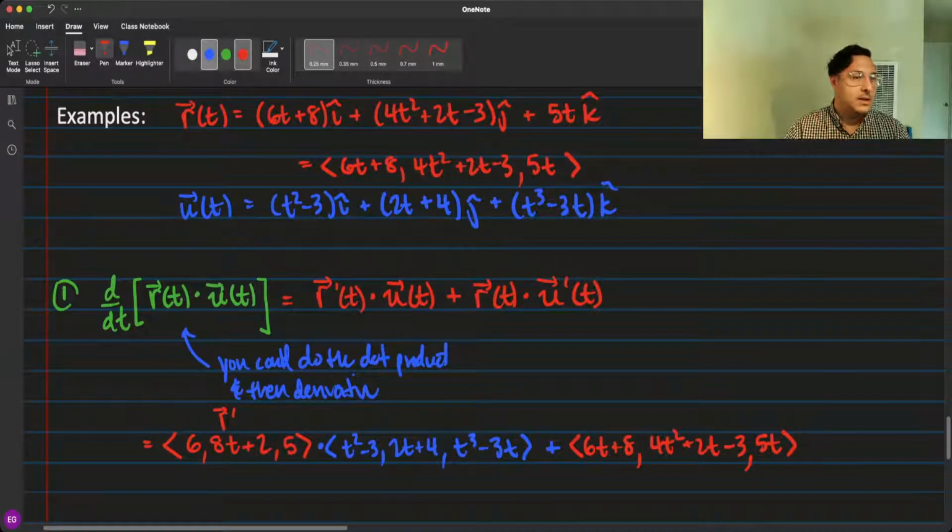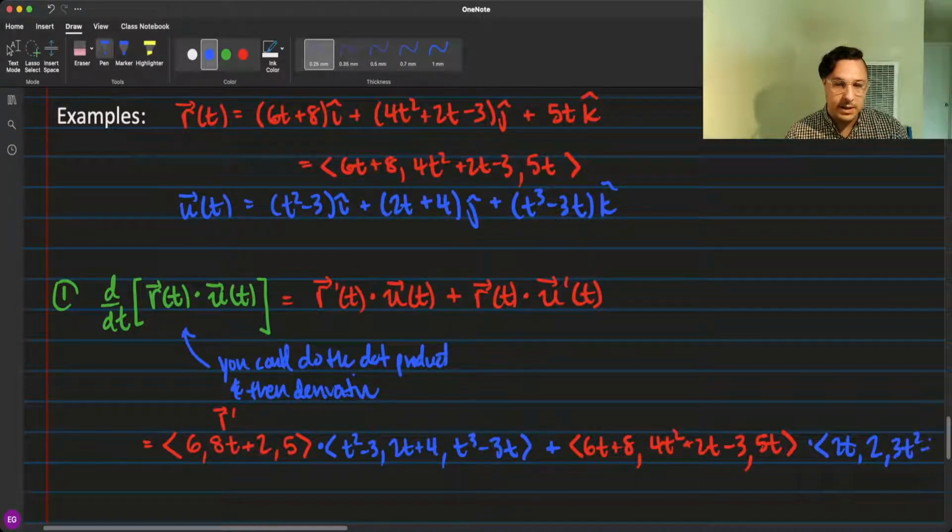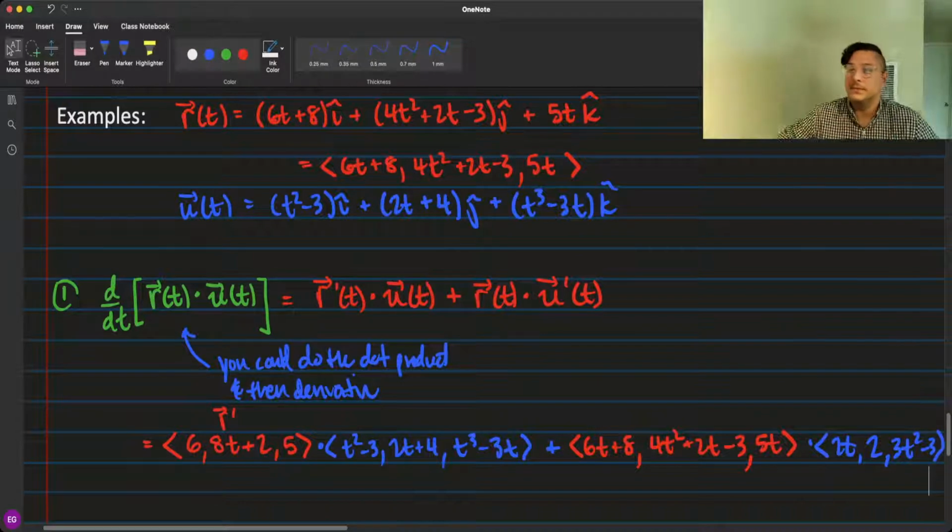And then you're going to have to dot that with u prime. If you take the derivative of the components of u, you're going to get 2t comma 2 comma 3t squared minus 3. Dang, that's long.